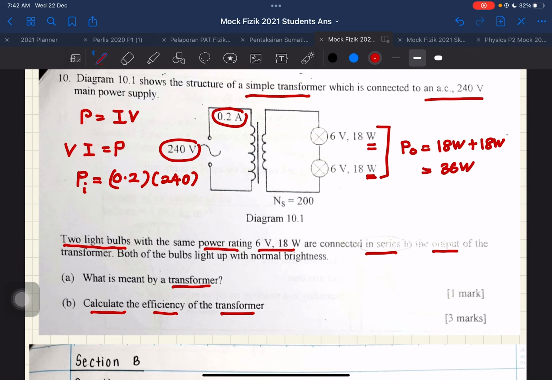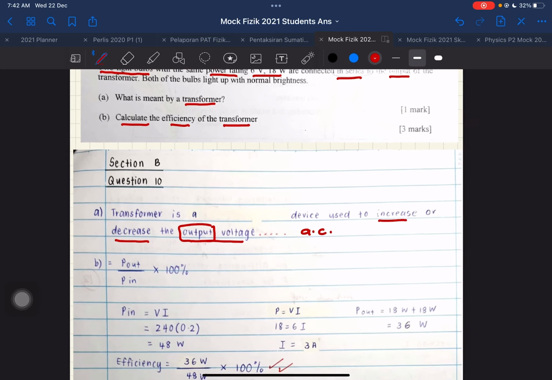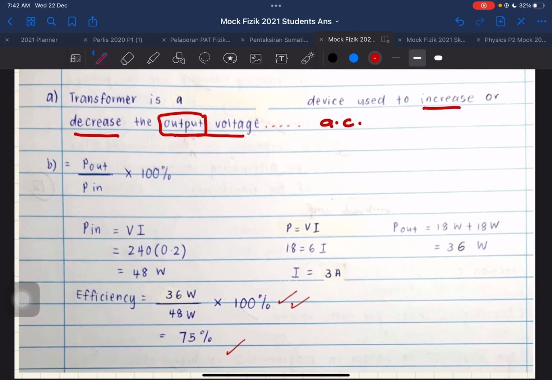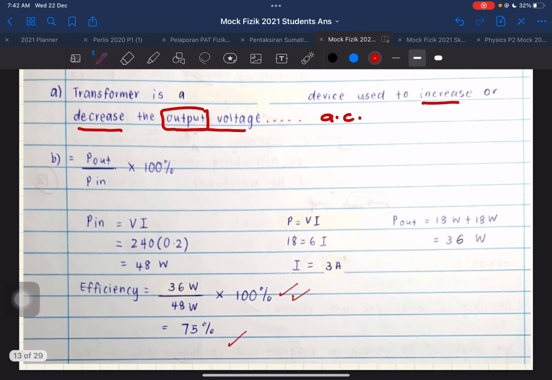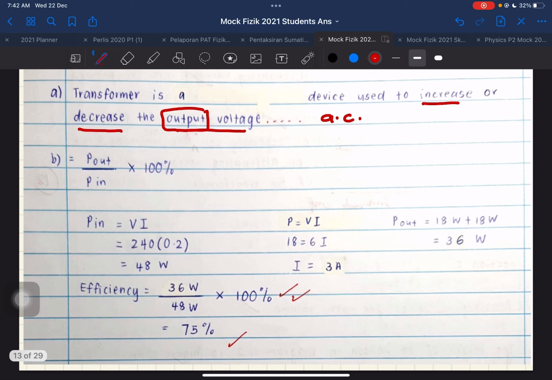Once you know this, just substitute in the formula. The output power just now is 36, the input power is 48, times 100%.